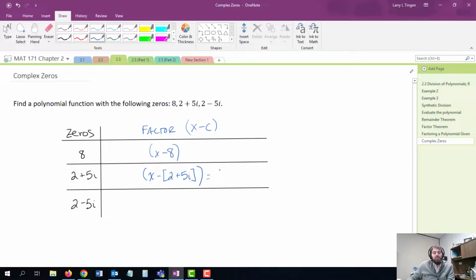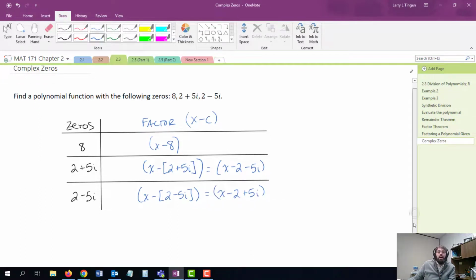Distribute that minus, and that'll get rid of the brackets: x minus 2 minus 5i. And then the other is x minus (2 minus 5i), which is x minus 2 plus 5i.